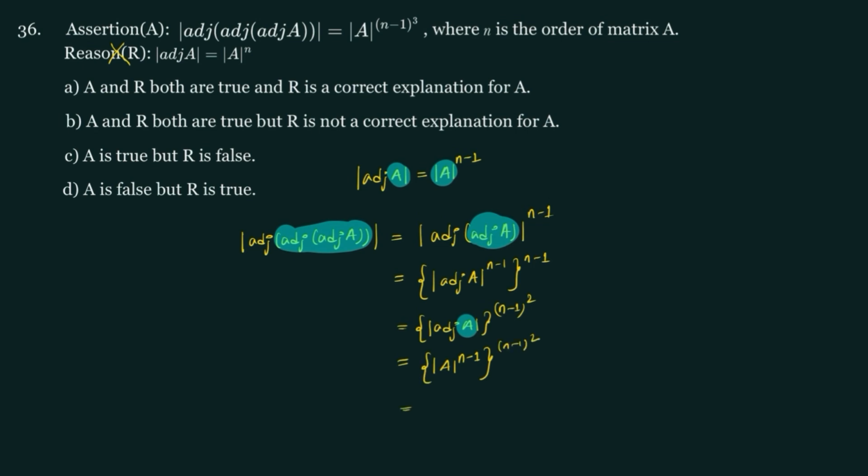So it will be determinant of A to the power n minus 1 into n minus 1 whole square, which is n minus 1 whole cube. That means my assertion is correct. So assertion is true, but the reason is false, and hence my correct option is option number C.